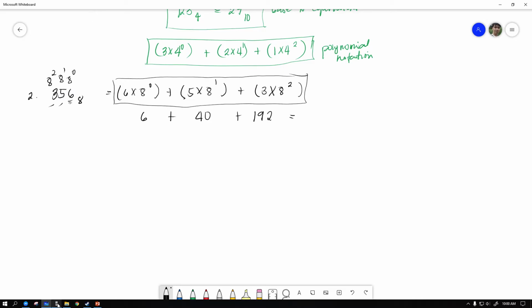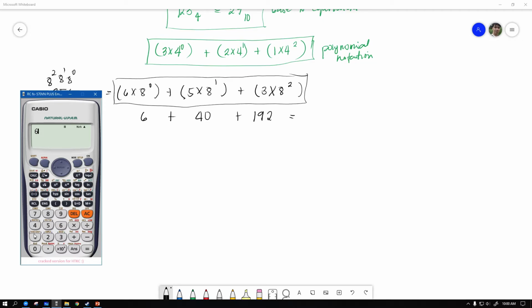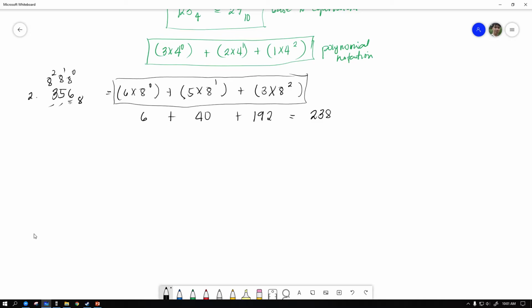The base 10 equivalent is 6 plus 40 plus 192, which is 238. So your answer is 356 base 8 is equal to 238 base 10.